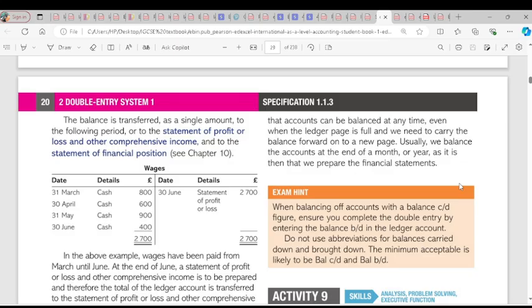If you are balancing up on the debit side, you have balance CD on the debit side. Do you get it? If you are balancing up on the credit side, you have your balance CD on the credit side, then that value goes to the debit side as balance brought down, balance BD, below the final figure. Then it becomes the opening balance for the subsequent month.